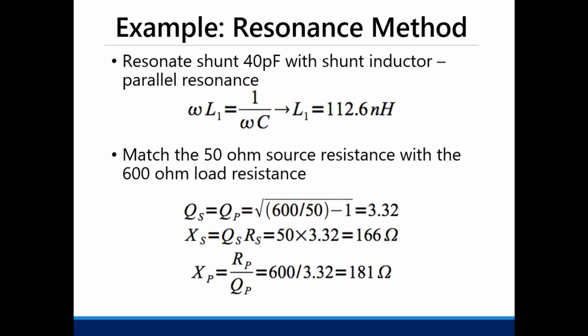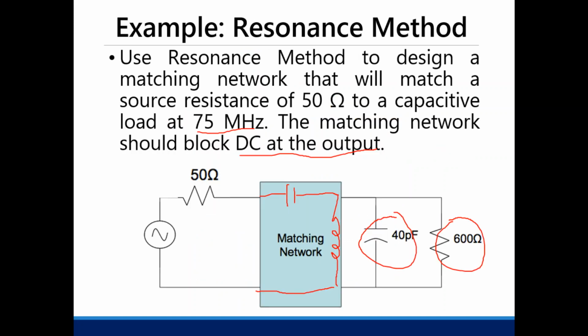With the resonance method, first, at 75 megahertz, your 40 picofarad capacitance should be resonated by an inductance, and that is 112 nanohenry. Now, since your 40 picofarad is gone, you just match your 600 ohms to 50 ohms normally.